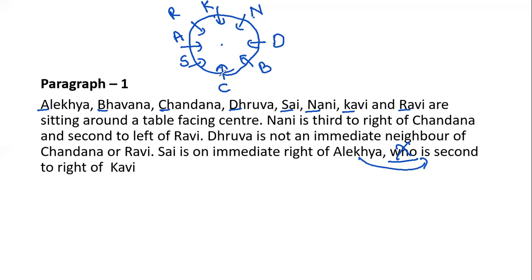That is with respect to Alekhya and Kavi. We fixed the position of Alekhya and Kavi, and we fixed Sai and Bhavana at the end. So that's it about the seating arrangement, guys. In one go, we will take so much time to understand the conditions, how they are giving the conditions, how to represent them and all.